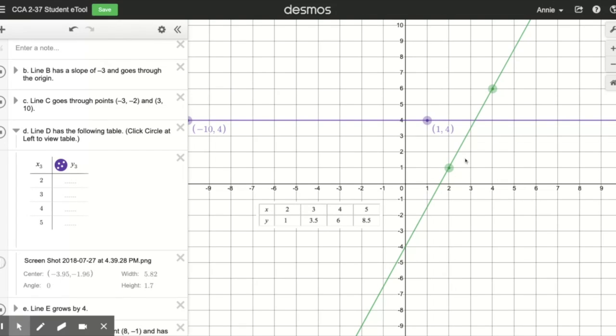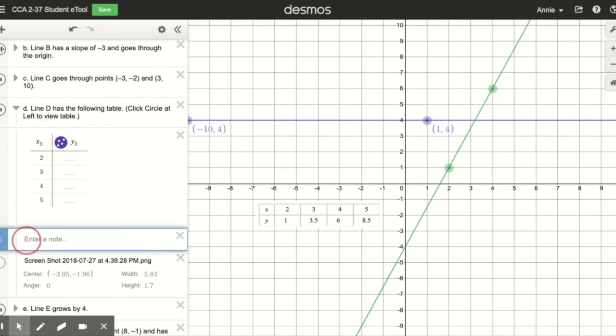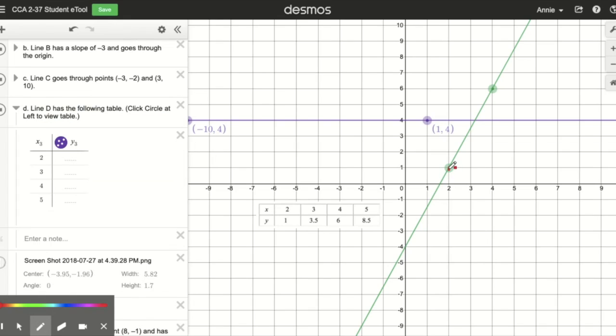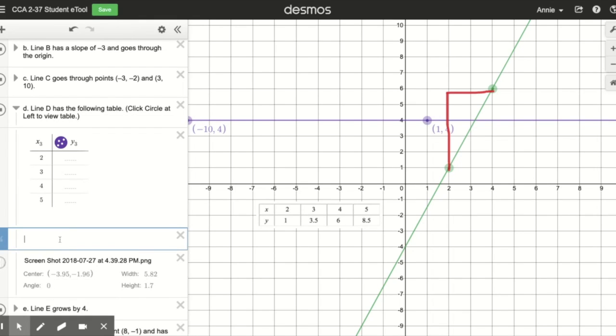Now, is there any other way that I can make these 2 points into a line? Absolutely not. So all we need to do is write the one equation that fits this. So I'm going to draw in my slope triangle. And I'm going to write my equation here. Y equals, and our rise, 1, 2, 3, 4, 5. And our run, oh, look at that.